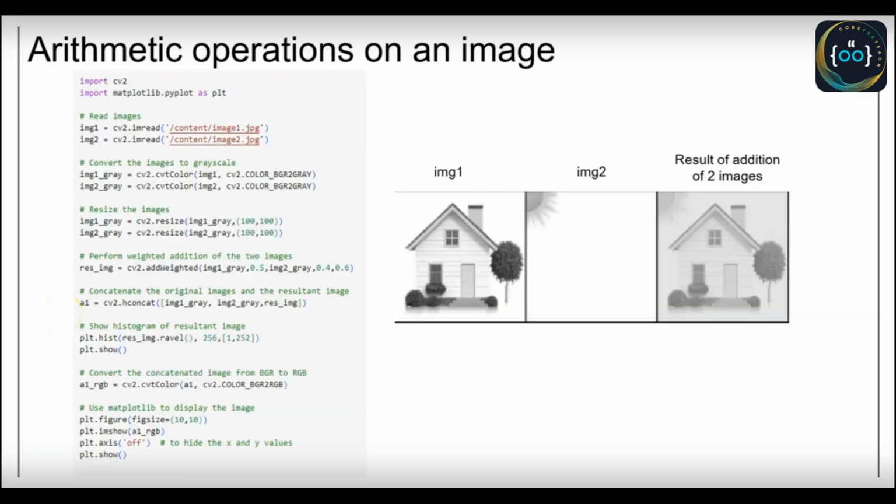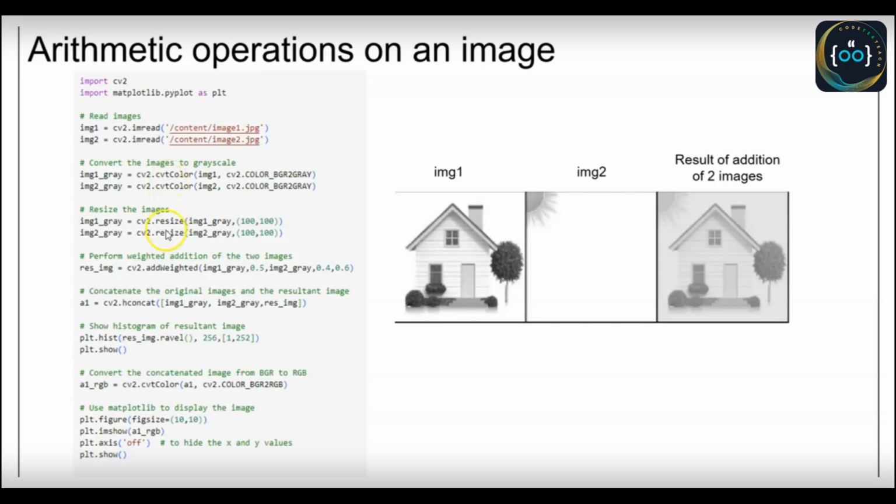Now, for doing the arithmetic operations, we will be using CV2 and Matplotlib. CV2 for image processing and Matplotlib for displaying the images. We start by reading the images and then converting the images to grayscale using CV2.cvtColor.